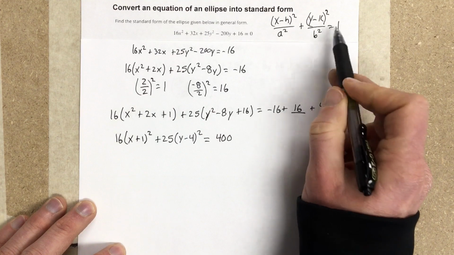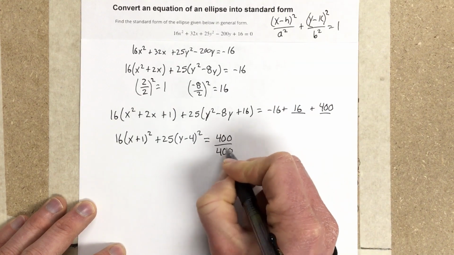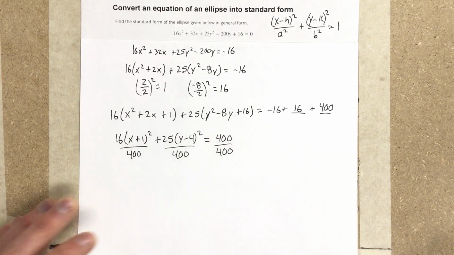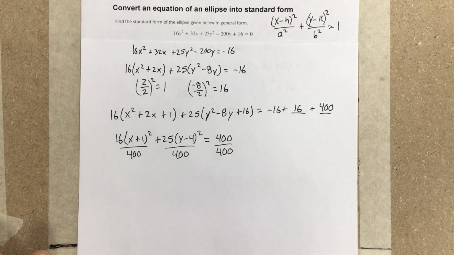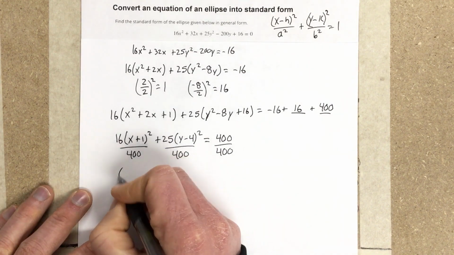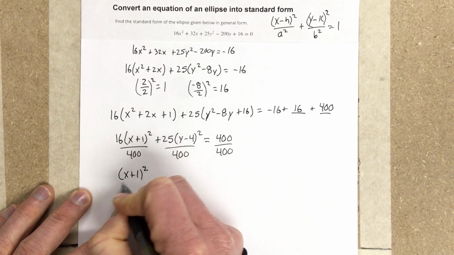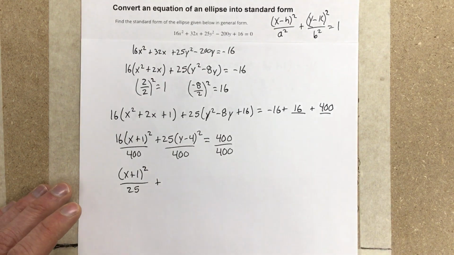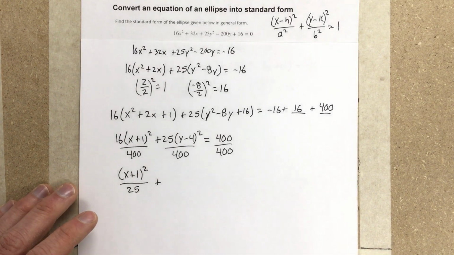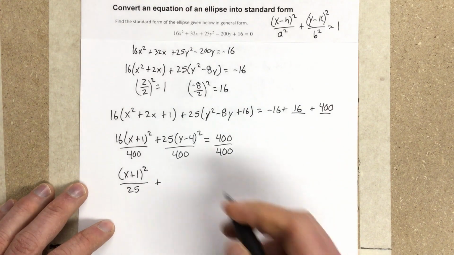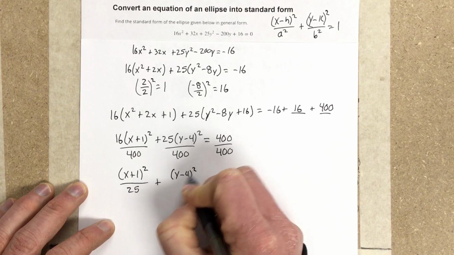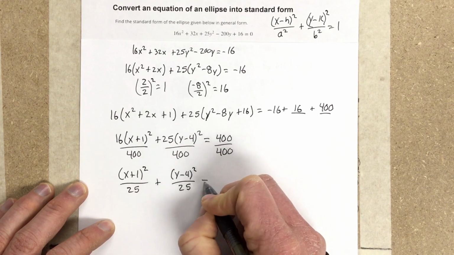Now I need to get this equal to 1, so I'm going to divide by 400 on each side. 16 over 400 is 1/25, so this is x plus 1 squared over 25 plus 25 divided by 400 is 1/16. So I get y minus 4 squared over 25 is equal to 1.